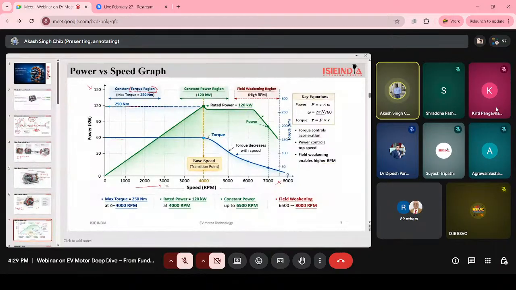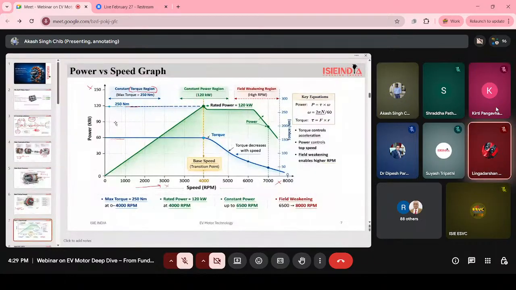Does anyone know what is torque? You can unmute yourself. Why do we need high torque in the EVs? Can anybody tell me? For initial pull.